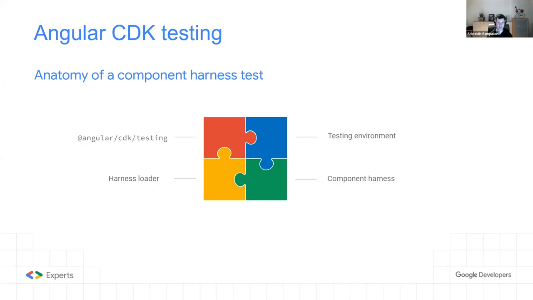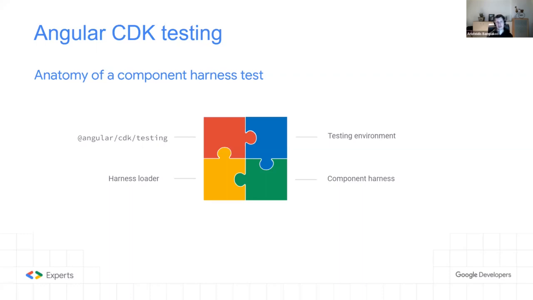One for unit testing using Karma, and one for end-to-end testing using Protractor. Then we need a harness loader, which is a class that is used to load a component harness inside the test. And finally, we need the actual component harness, which is the class that gives us access to the instance of our component in the DOM during testing.